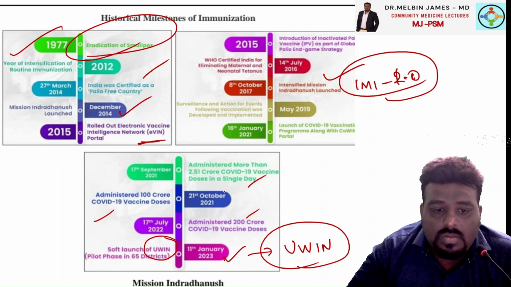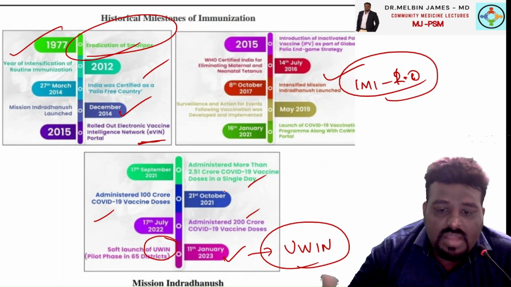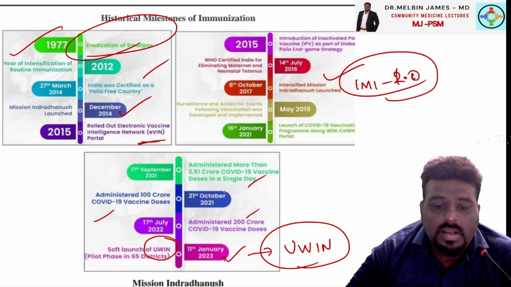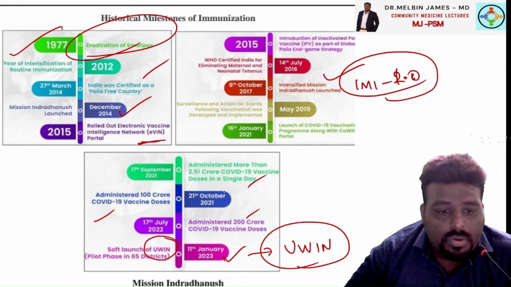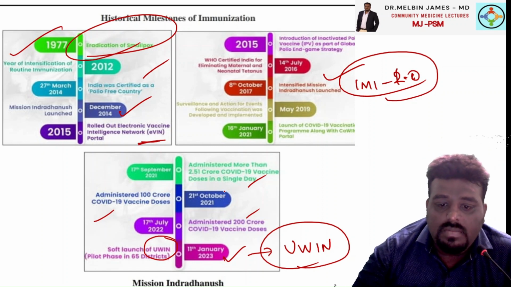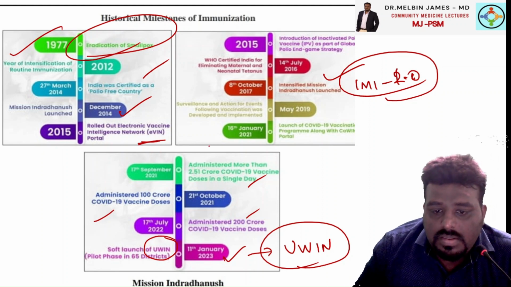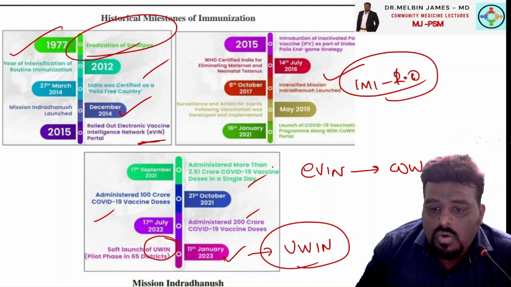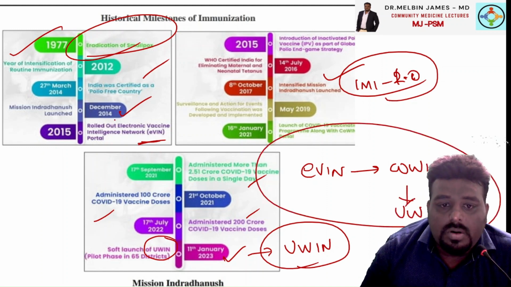Everything is being digitalized, so faster immunization coverage and faster logistics data management is done by the U-WIN portal. First eVIN, then during COVID, then now U-WIN. This is how it has evolved.